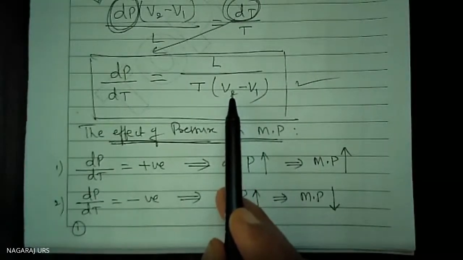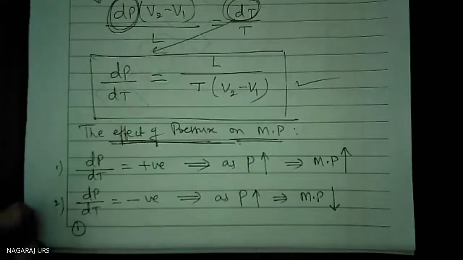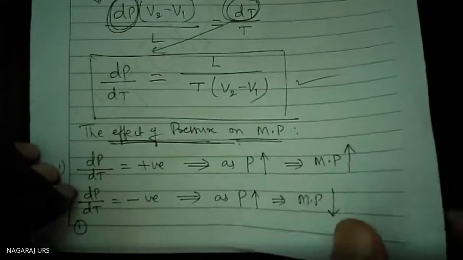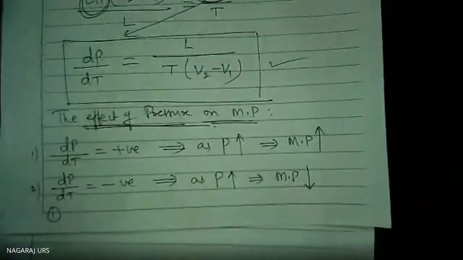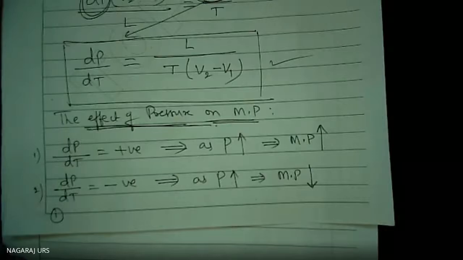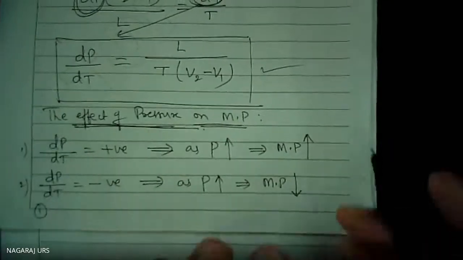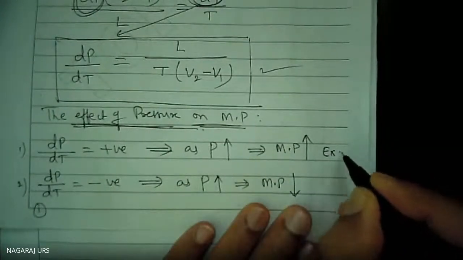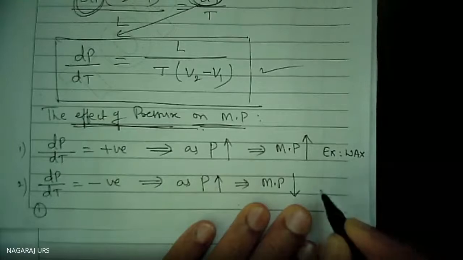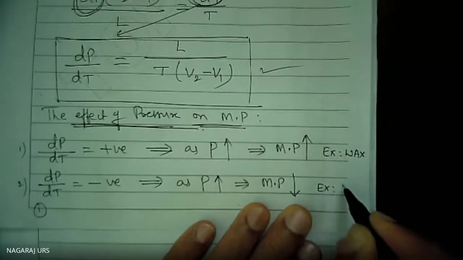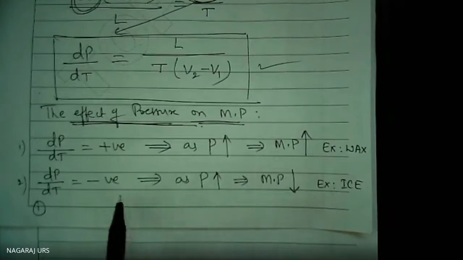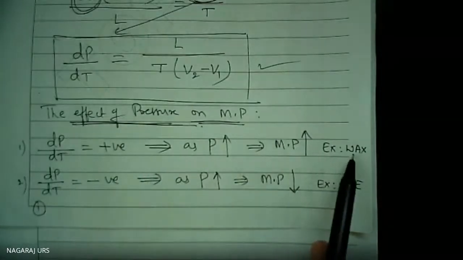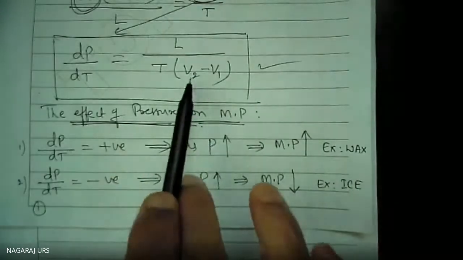For example, I can consider wax here. This example I can quote here: wax. The other example is ice cube. This is an example for ice, and this is an example for wax, depending upon V2 and V1.